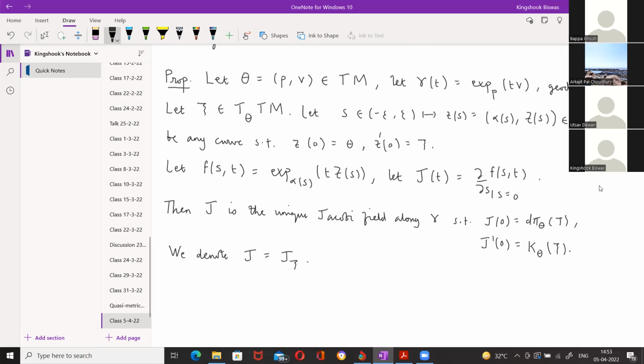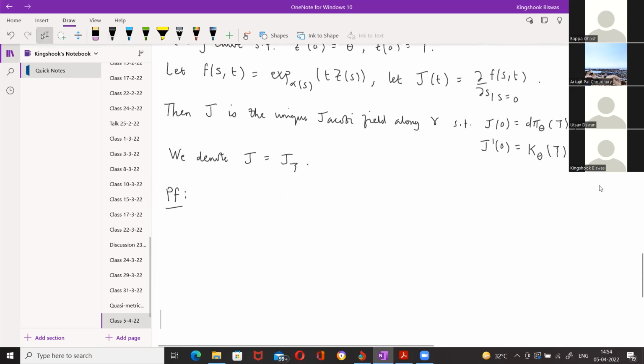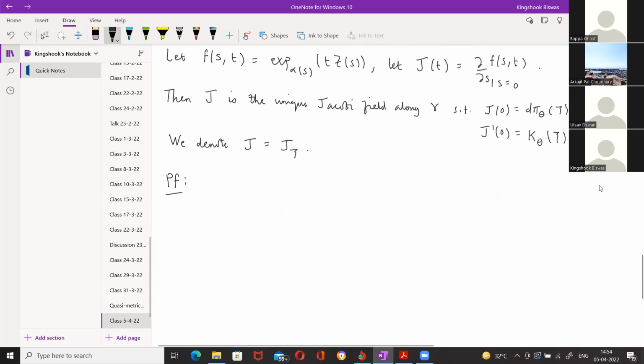So the proof is just a simple computation. But maybe you'll see it better if I draw you the picture. So here's the picture. You have this curve in the tangent bundle, right? So that means you have a curve alpha, and you have a vector field Z along alpha, right?